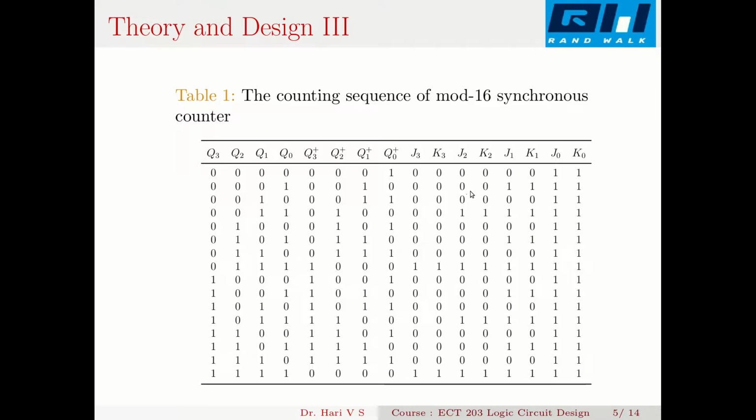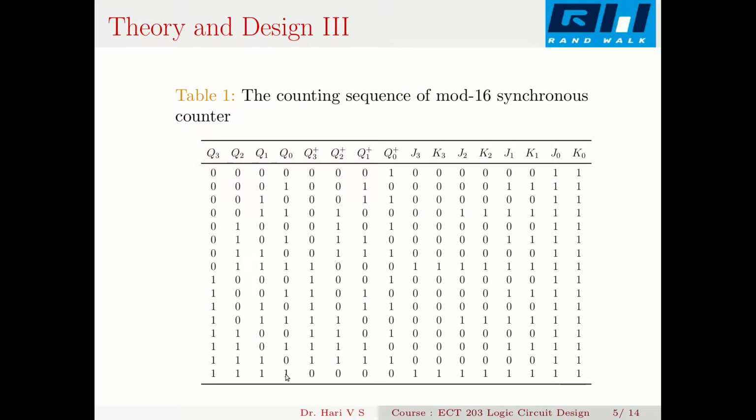Here also you can see that incidentally J2 is equal to K2. For a synchronous counter this needn't be the case, but this being a regular counter from 0 to 16, it happens that way. Now you can either use a K-map or simply observe this and get the design. J2 and K2 become 1 at four points. Here, here, here and here, Q1 and Q0 are both 1.